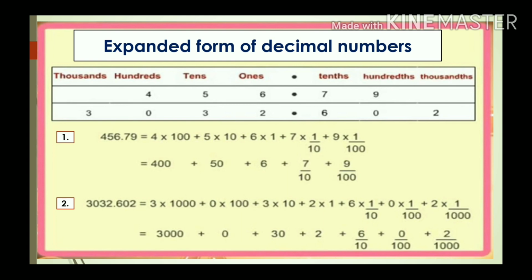What is the expanded form of decimal numbers? Here in this place value chart, 2 numbers are given. In the first one, 456.79. So what is the expanded form for this number?